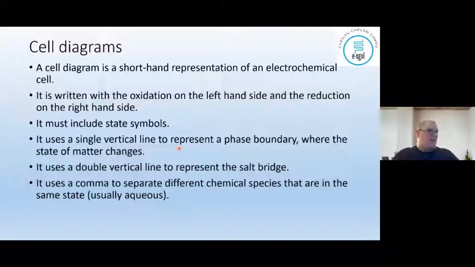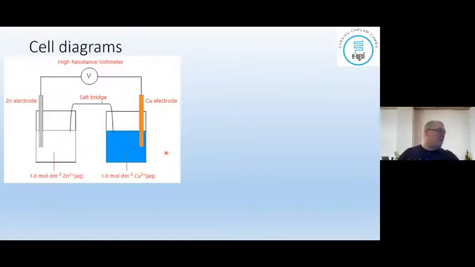It uses a single vertical line to represent a phase boundary where the state of matter changes, and a double vertical line to represent the salt bridge, and it uses a comma to separate different chemical species that are in the same state, usually aqueous.